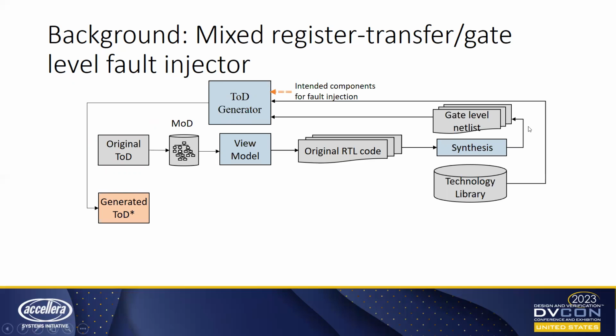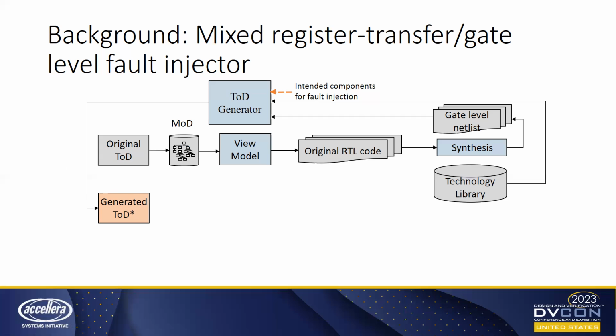The TOD generator, which is a Python script, gets this data from the netlist, from the technology library, so the techlib, which has the primary cells, as well as some input from the user, so which component is an object for fault injection, and generates a new TOD of mix RTL and gate level granularity.